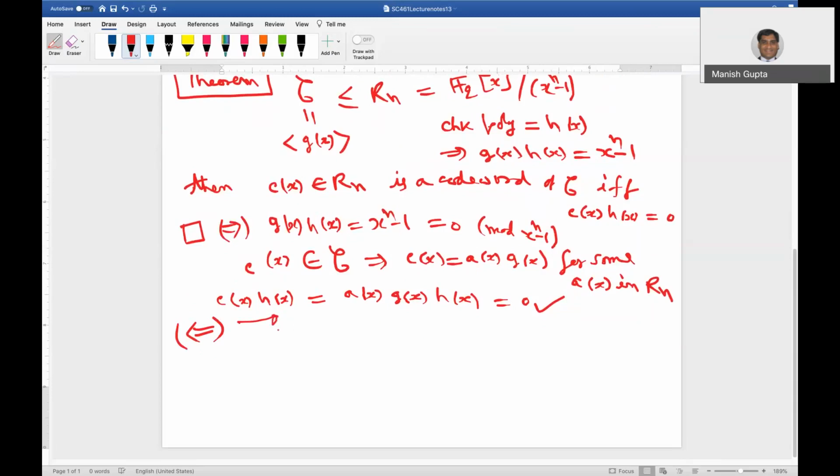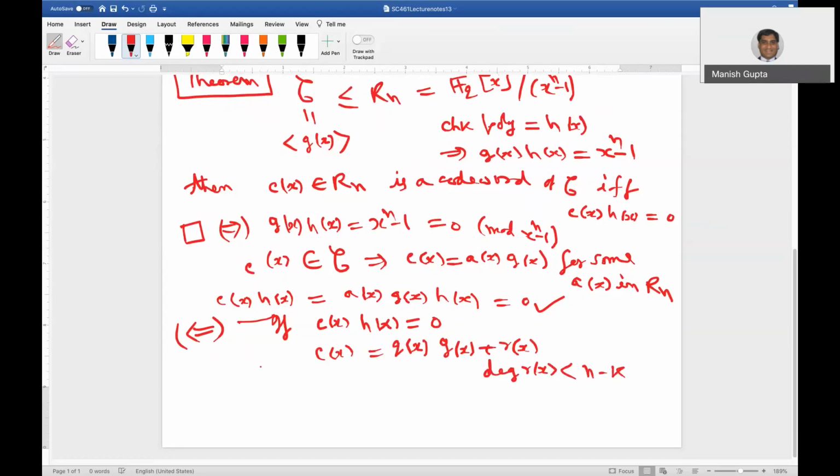Now on the other side. Suppose it is given that c(x) into h(x) is equal to 0. I need to show that c(x) is a code word. By the division algorithm, we can write c(x) as some quotient polynomial q(x) into g(x) plus r(x), where the degree of the remainder polynomial r(x) will be less than the degree of g(x), which is n minus k.